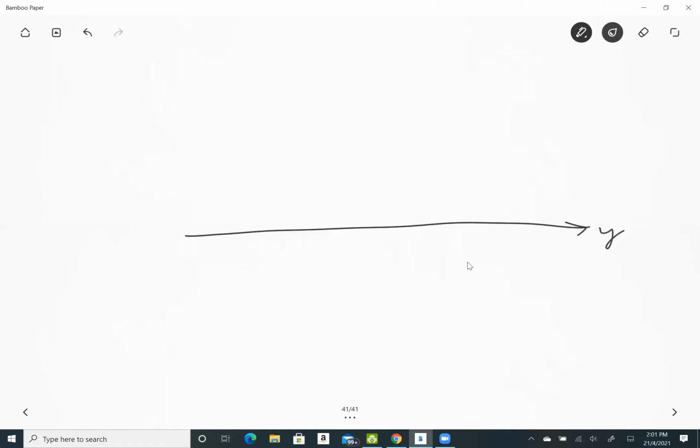Now you lie it down, so Y will go that way and X will go this way, and the separation between them will be 90 degrees. That is our origin.